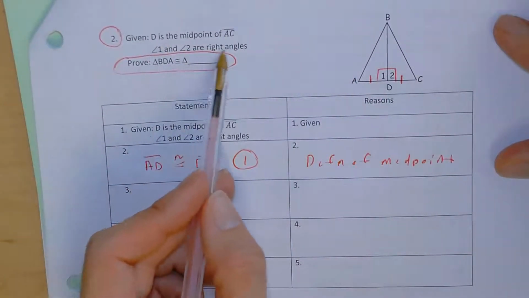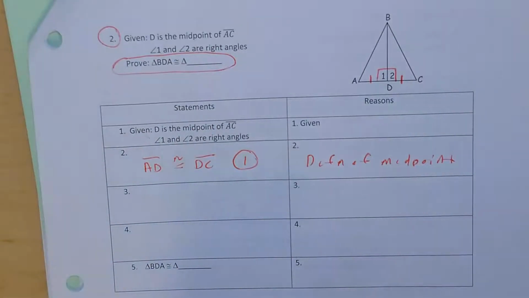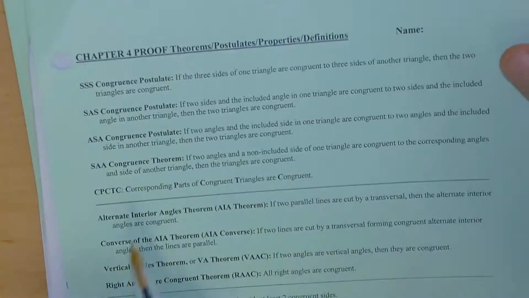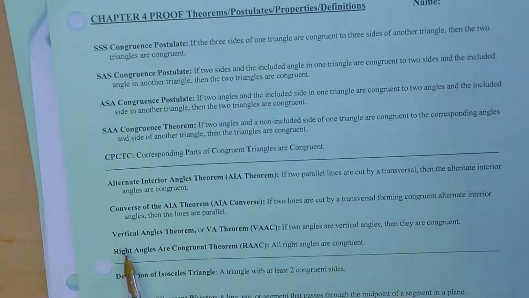Next, it says that 1 and 2 are right angles, so we need to get something from that. If you go to your cheat sheet, we're going to use something that we looked at early on in the year, but we've never really used in a proof. It's kind of like VOC, but it's VOC's cousin, which is ROC. ROC says right angles are congruent, just like VOC says vertical angles are congruent.